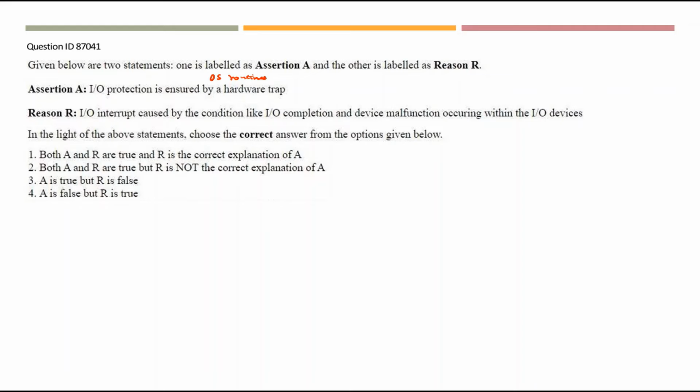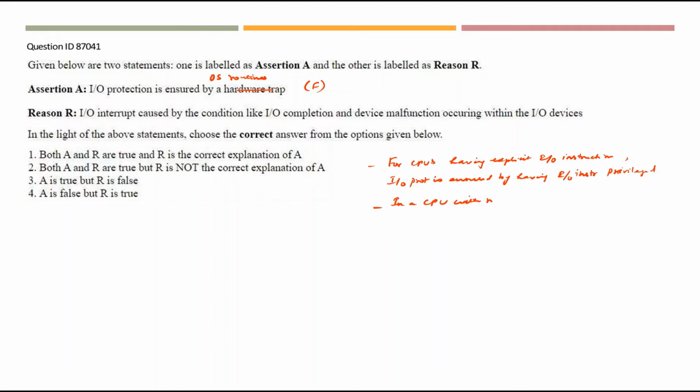A is wrong because it is not ensured by a hardware trap. There are 2 points in this. The first point is for CPUs having explicit IO instructions. IO protection is ensured by making IO instructions privileged. But in a CPU with memory mapped input output, there is no explicit IO instruction.